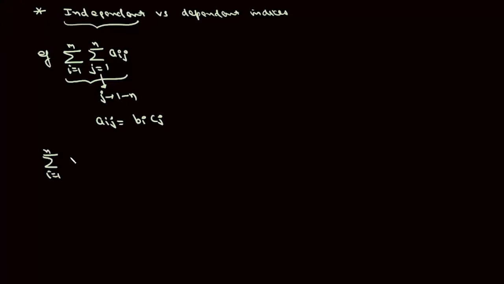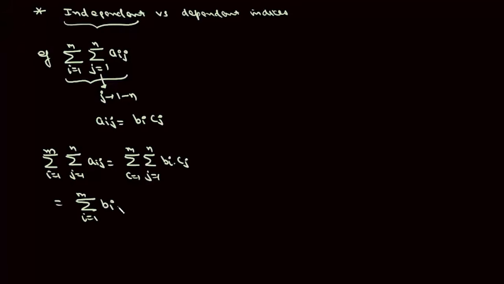The double summation, i varies from 1 to m, j varies from 1 to n, of b_i into c_j, we can write as summation i from 1 to m of b_i, into summation j from 1 to n of c_j.